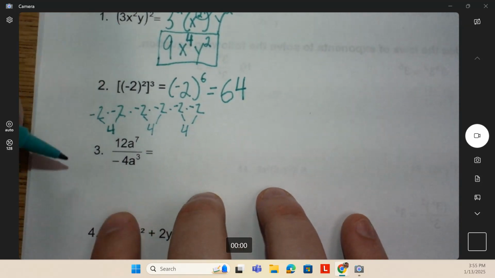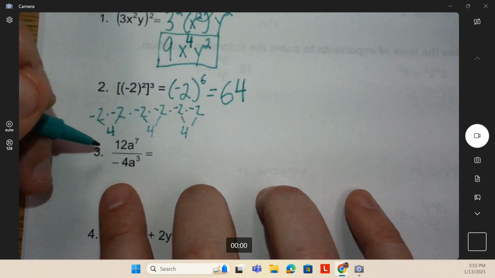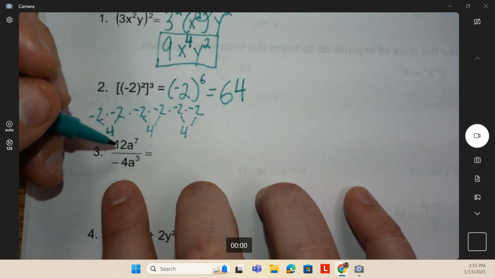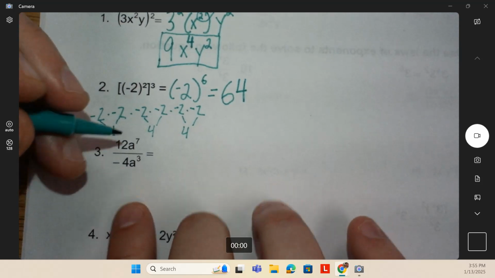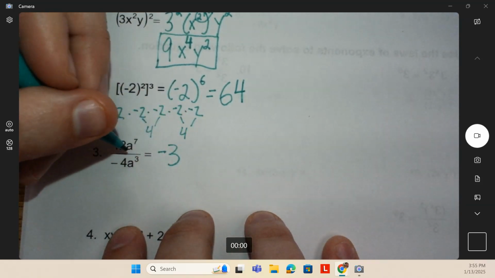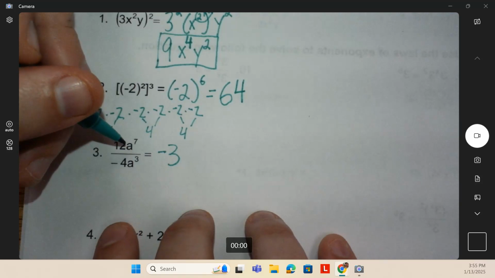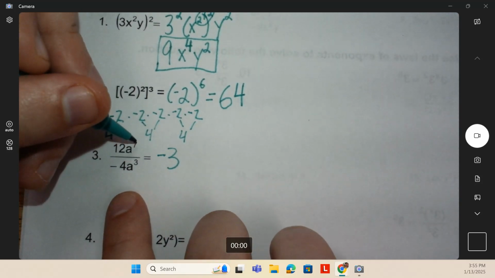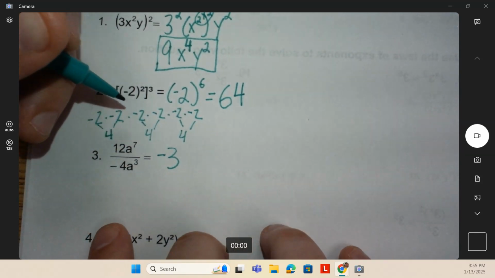When I've got a fraction here, first thing I'll do is work with my coefficients. I've got 12, and I can divide that by a -4 to get a -3. And then when I zoom in on the exponents, I'm dividing these two variables, so those exponents I'm going to subtract.